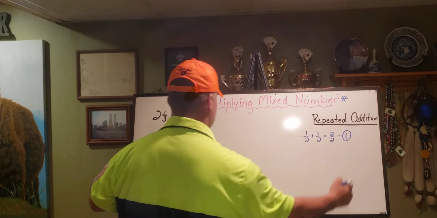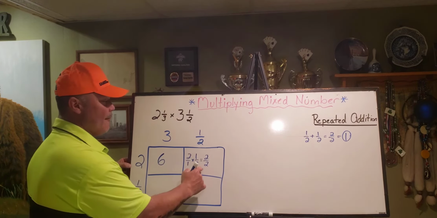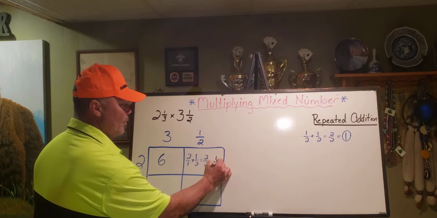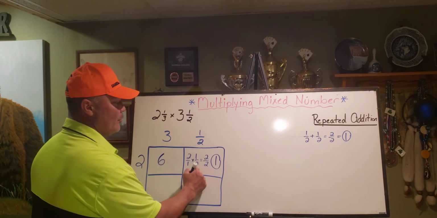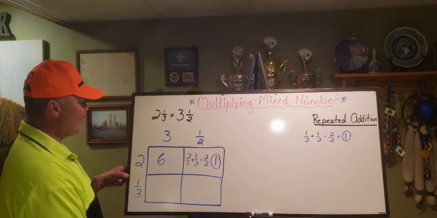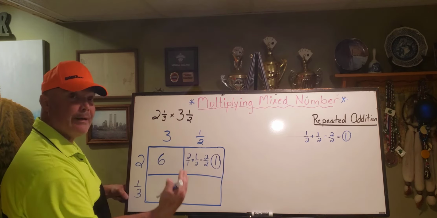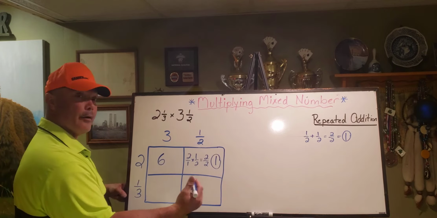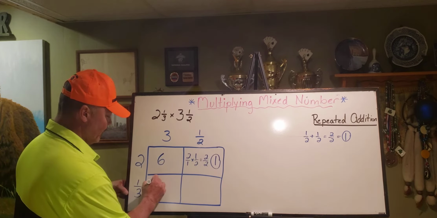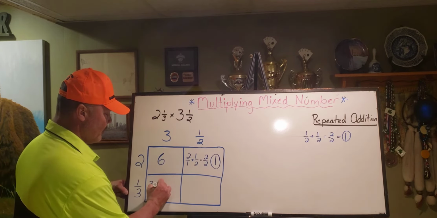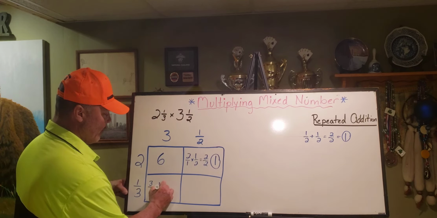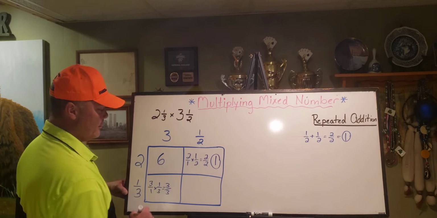So I'll circle that. Here I recognize I have 1 whole, so I'm going to circle a 1, making sure it's separate. Now I want to take 1/3 times 3, which is going to be 3 copies of 1/3, or 3/3. I could put the 3 as a whole number over 1 and multiply it by 1/3, giving me 3 over 3.